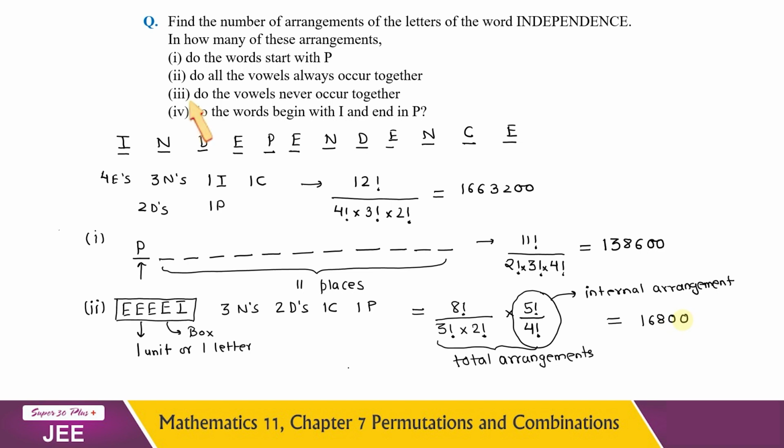Alright, let's move to see our third part. The third part of the question says, in how many of these arrangements do the vowels never occur together?